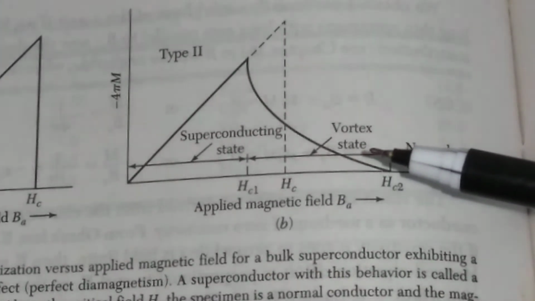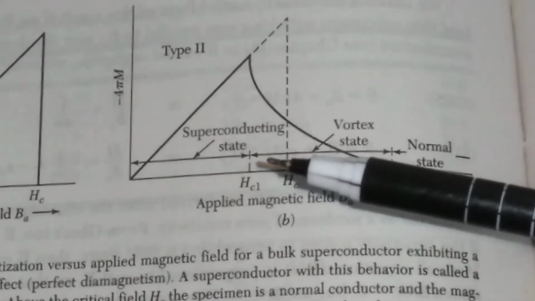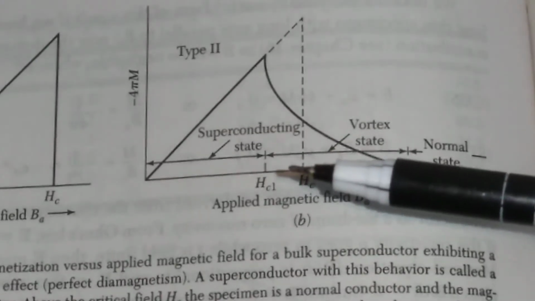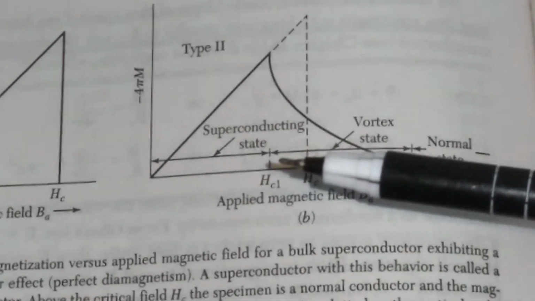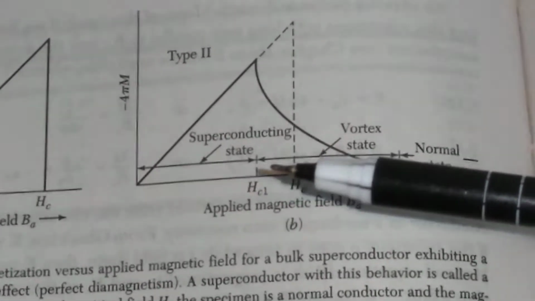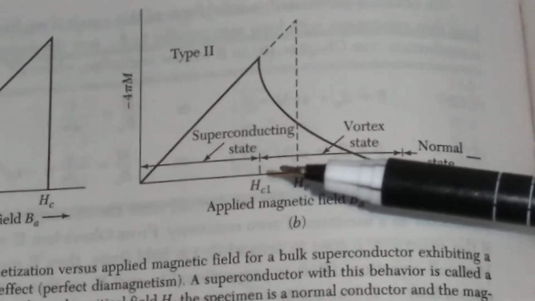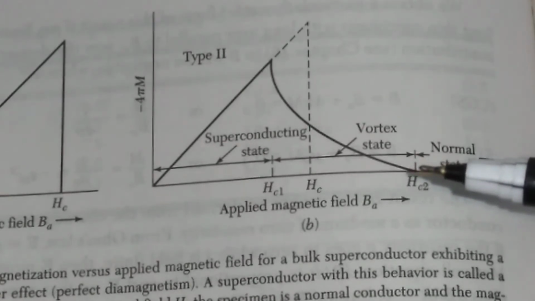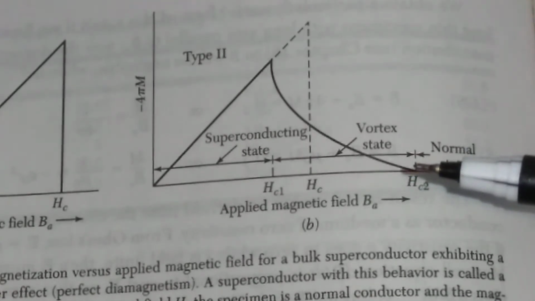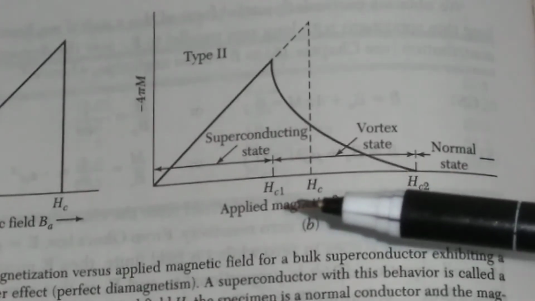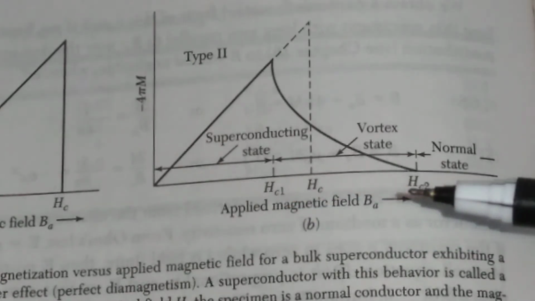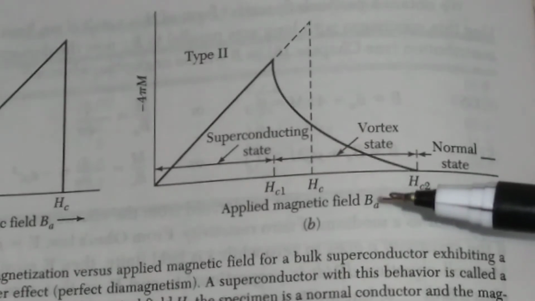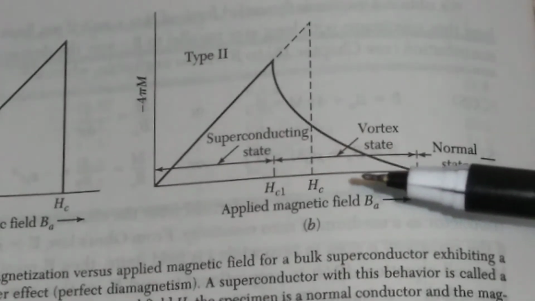The Meissner effect is valid from 0 to Hc1. Here Hc1 is called the lower critical field, and Hc2 is called the higher critical field or upper critical field. Between the lower critical field Hc1 and the upper critical field Hc2, the flux density B is not equal to 0.